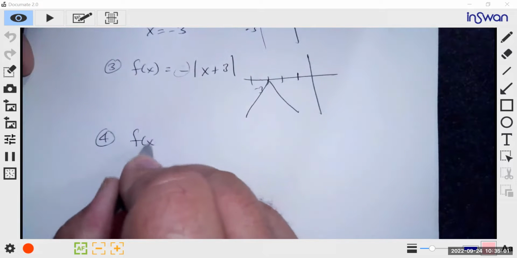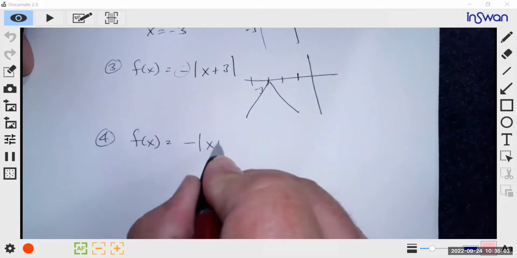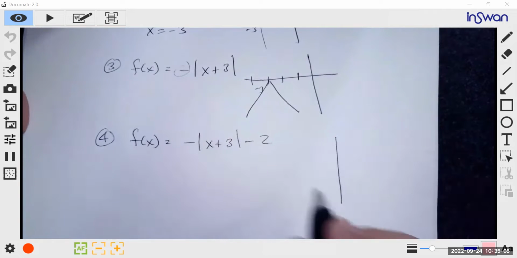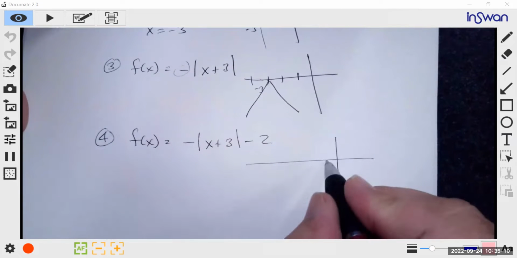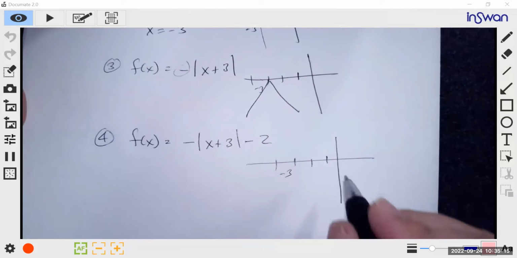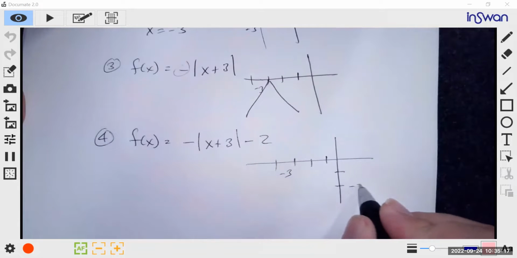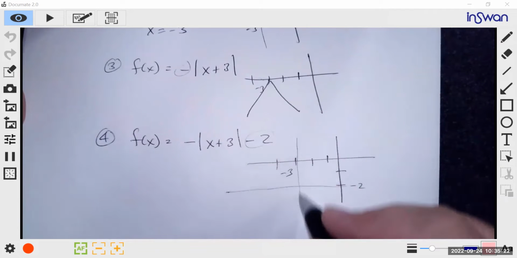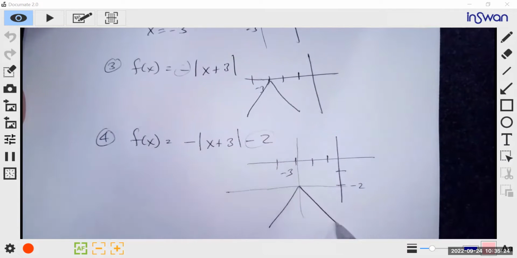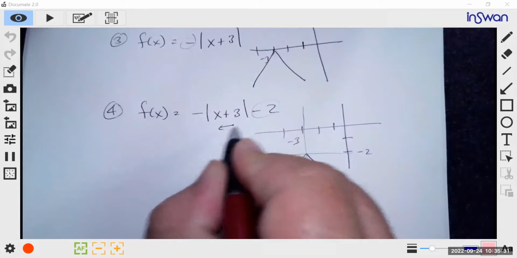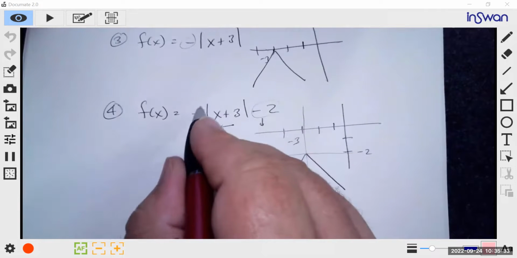So what does that -2 tell me to do? Since it's a -2, I go down 2 spaces. So my new origin is right there, and there's my graph. So inside here tells me go back 3 spaces and down 2, and then flip it.